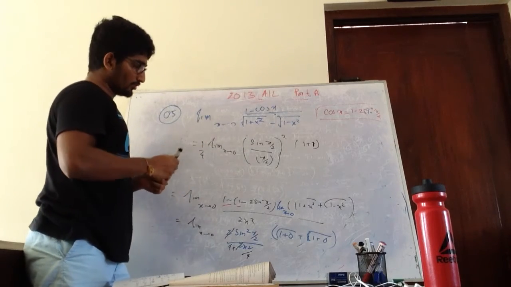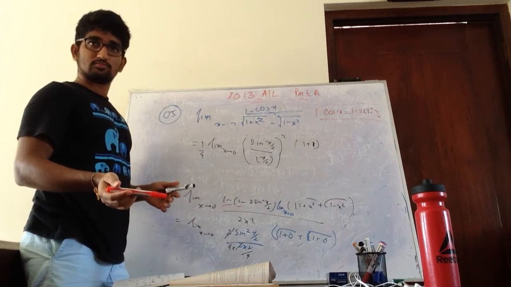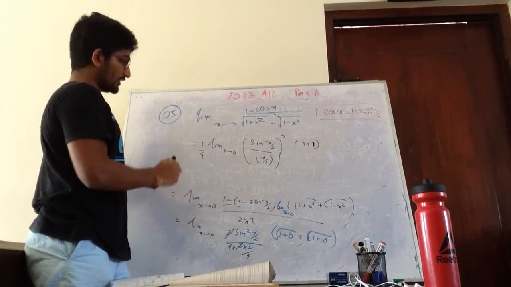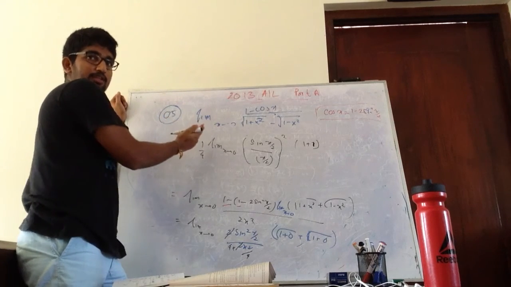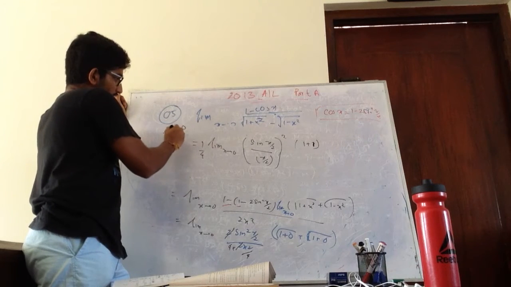So now you can't say that this will go to 0 because this is x over 2 and this is x over 2. So basically you have to show in a side that when x goes to 0, half x also goes to 0.